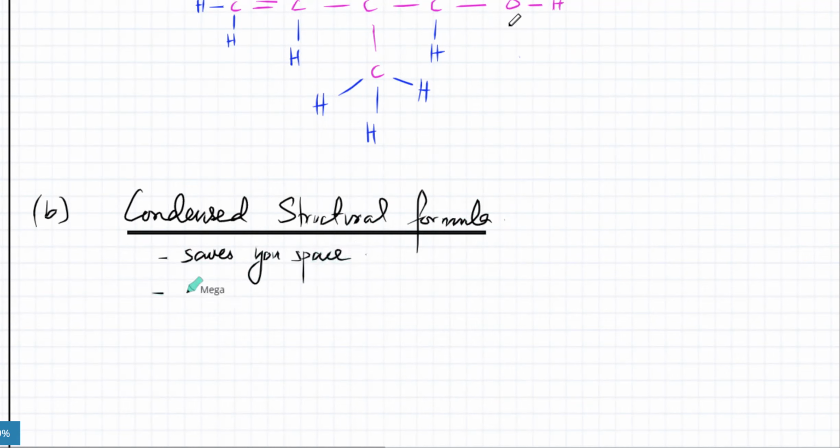And it's going to make it difficult for you to count bonds. Like in the fully displayed formula, you can see all the bonds, but here it is difficult to count bonds, who is forming how many bonds. So it's difficult to spot any mistakes you've made. Anyways, it saves you space.